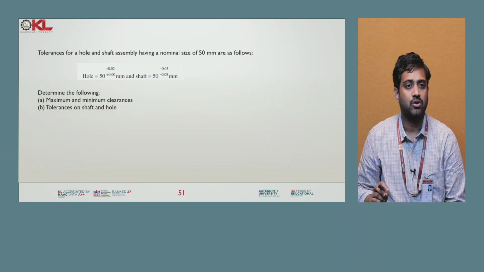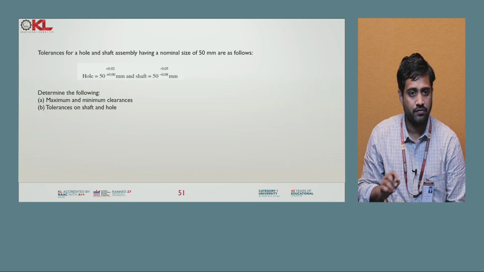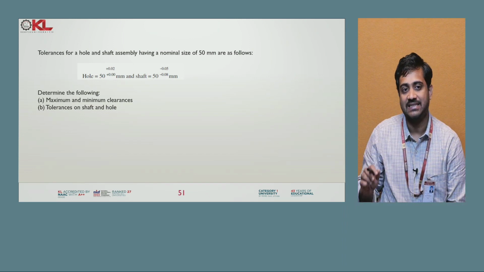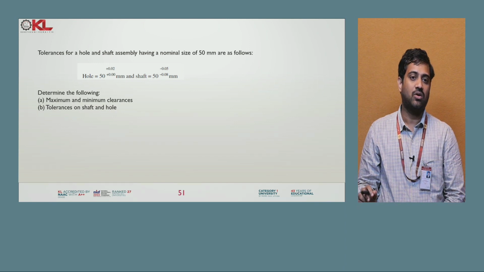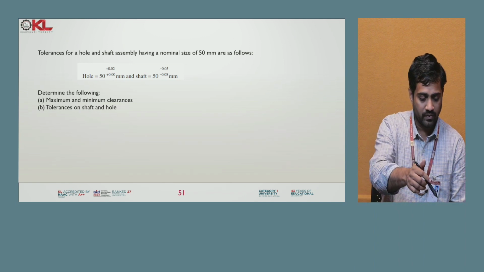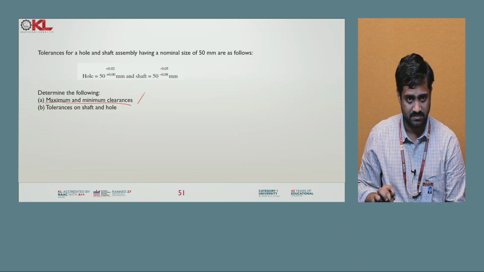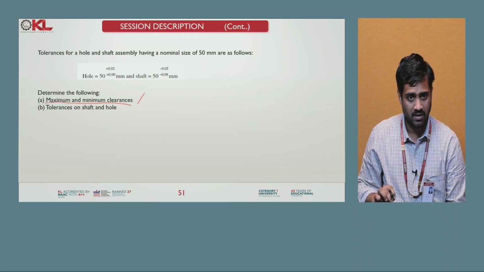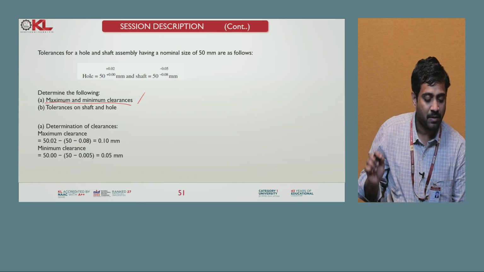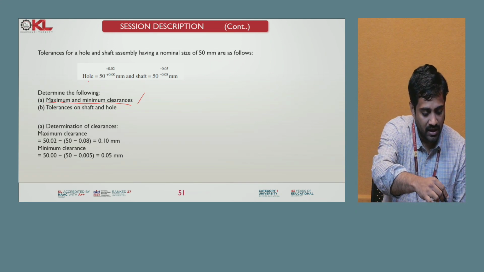Also, the tolerances for a hole and shaft assembly have a nominal size of 50 as follows. For this, try to determine the maximum and minimum clearances and also the tolerances on shaft and hole. You know how to determine tolerances on shaft and hole. Now the new one is the maximum and minimum clearances for the given hole and shaft assembly. First I am explaining the determination of clearances.